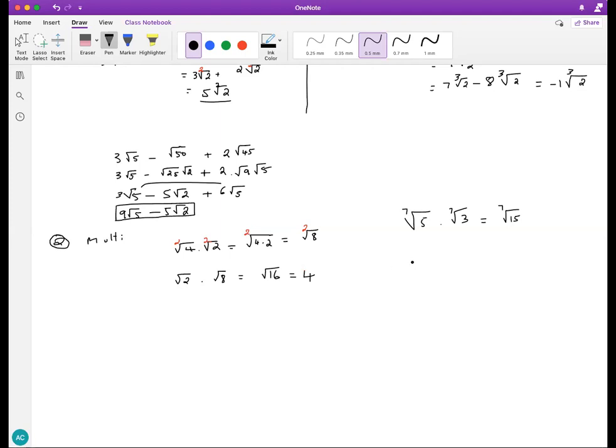What about this? Let's say you have maybe 2 here. Say 5 times. Okay, can you multiply these radicals?